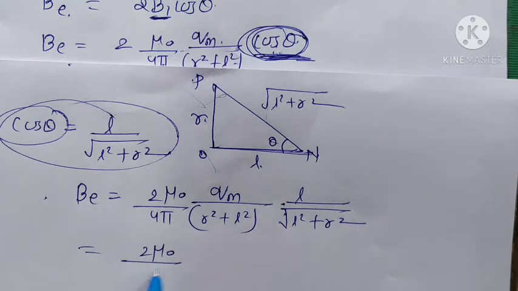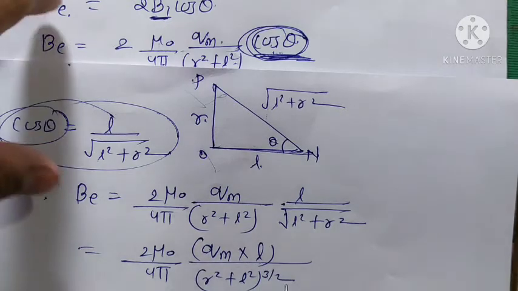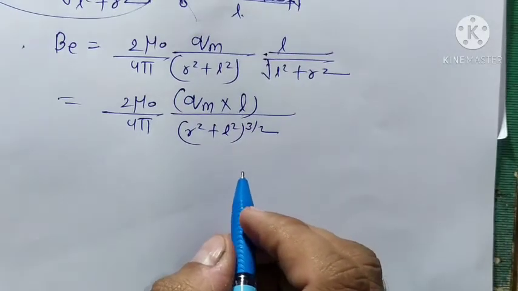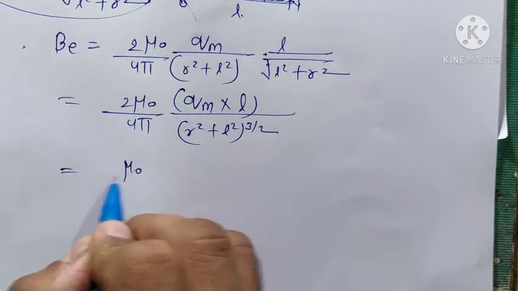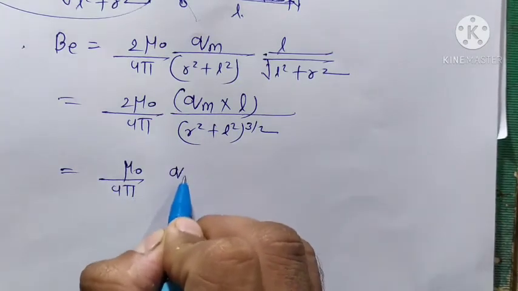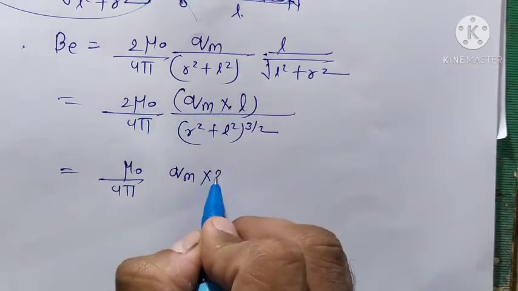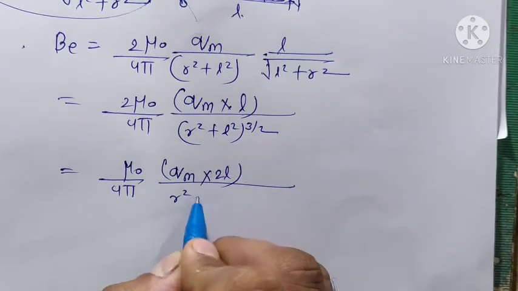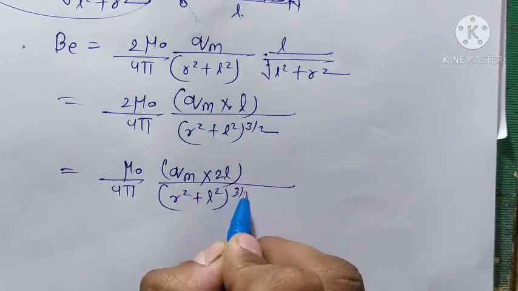Finally 2 mu naught upon 4 pi, qm into L upon R square plus L square to the power 3 upon 2. So mu naught upon 4 pi, qm, 2 goes here, 2L upon R square plus L square to the power 3 upon 2.